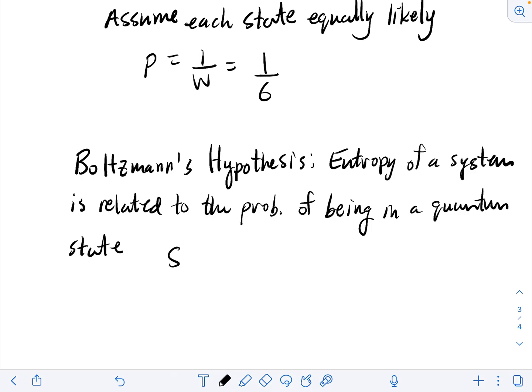So S is a function of W, the number of available states. Let's just take Boltzmann's hypothesis at face value for now, and then maybe we'll come back and think about whether that makes sense or not.